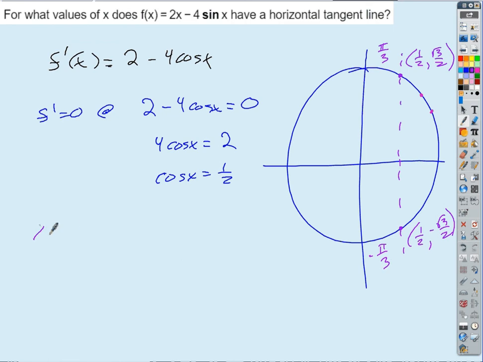One is x equals pi/3 plus 2k pi, and the other one, the orange one, is x equals negative pi/3 plus 2k pi. That's it, right? Questions on that?